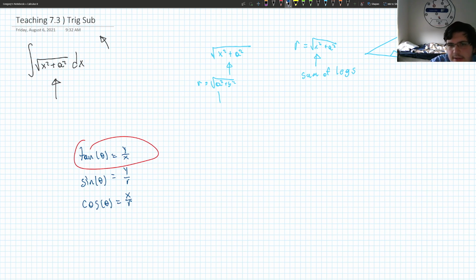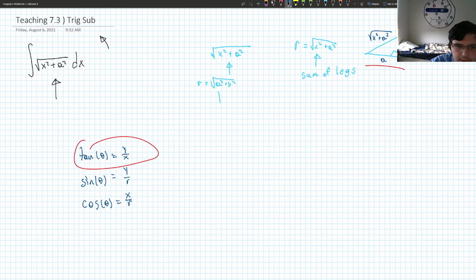So why don't we have x over a, and then this will be the square root of x squared over a squared, plus a squared. So a lot of the setup comes from the triangle method here. You can do this without a triangle. In fact, I believe Dr. Barron teaches it without the triangle. I do it with the triangle as I find it easier to figure out some things, especially at the end of evaluating these.